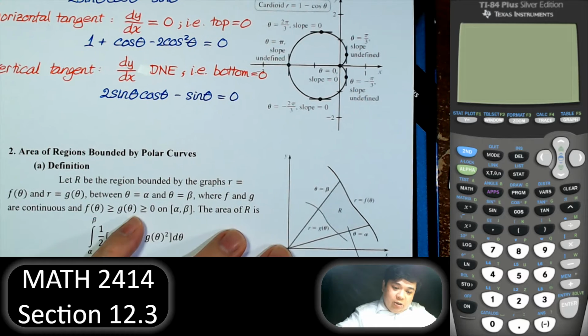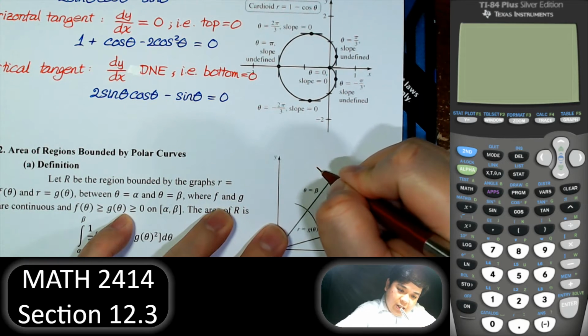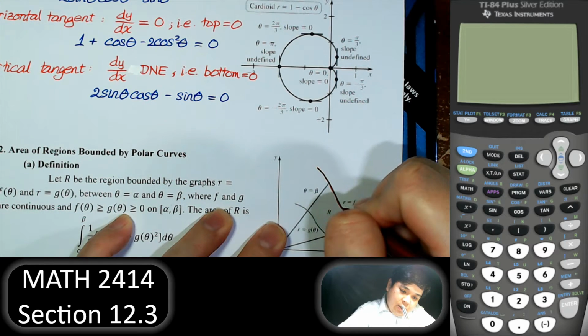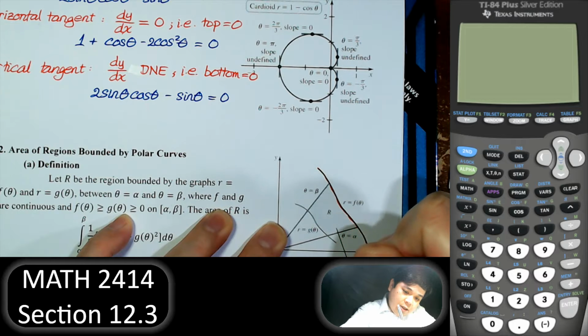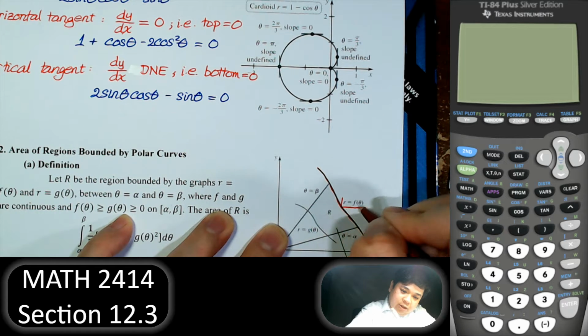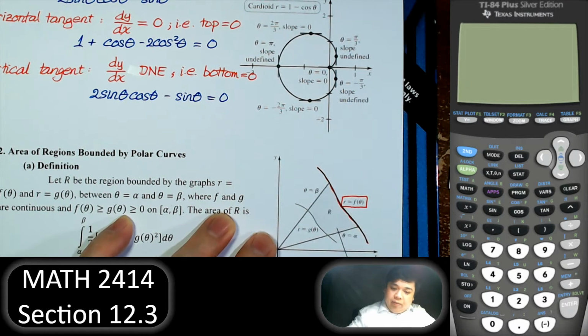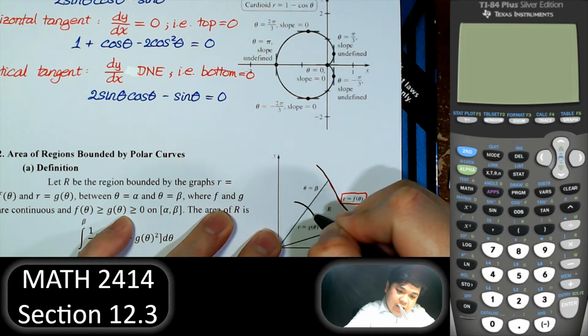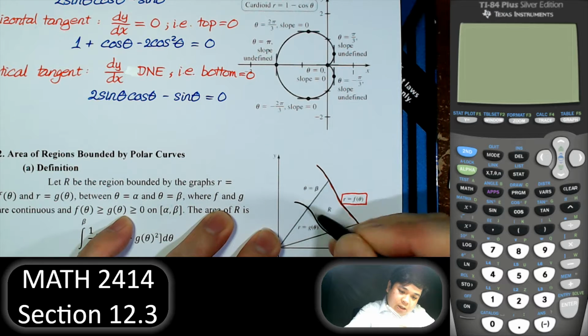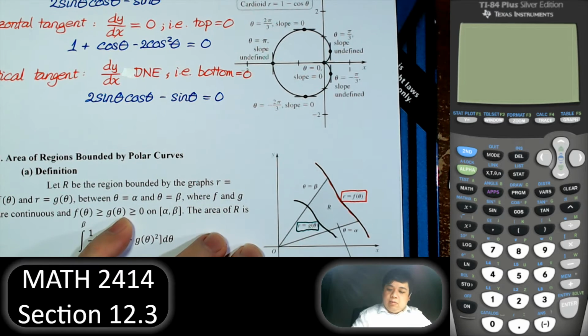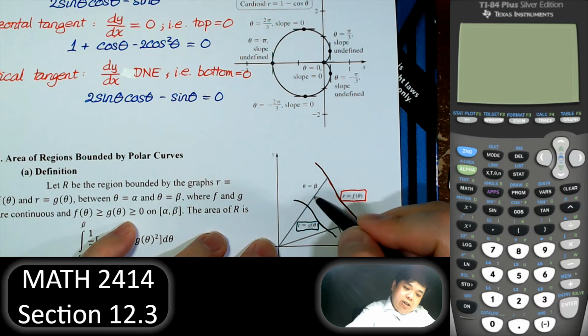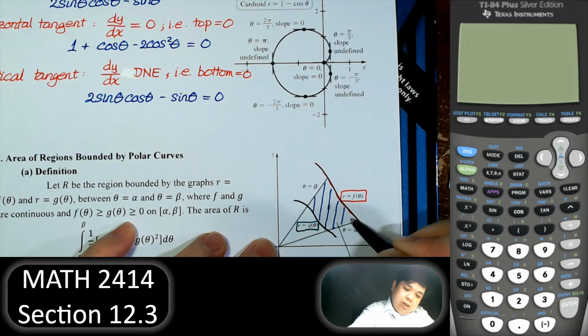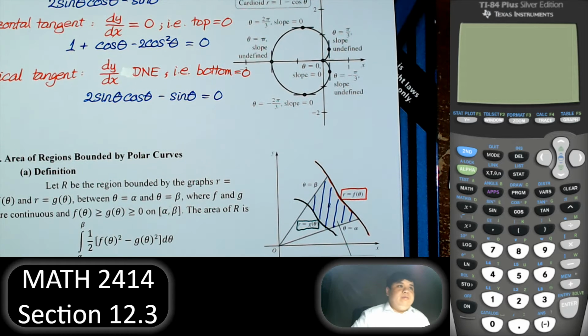The function on the outside is r equal to f of theta, and the function on the inside is r equal to g of theta. And we want to find the area between the two polar curves.